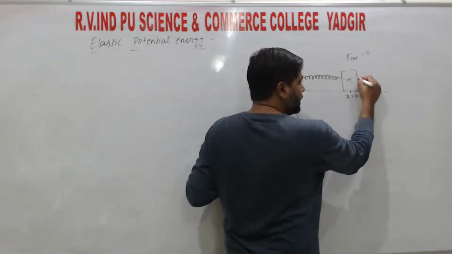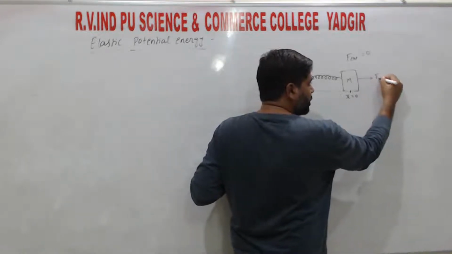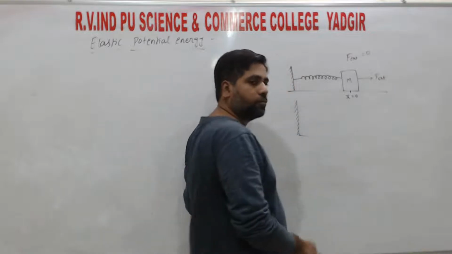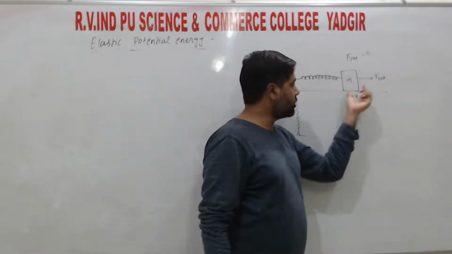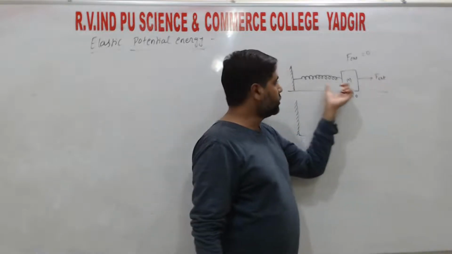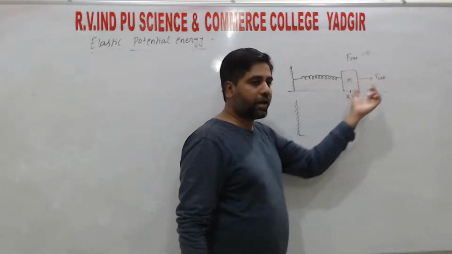So this block is applied with some external force. That means I am pulling this block. When I pull the block, it changes its position, so the spring gets elongated, right?